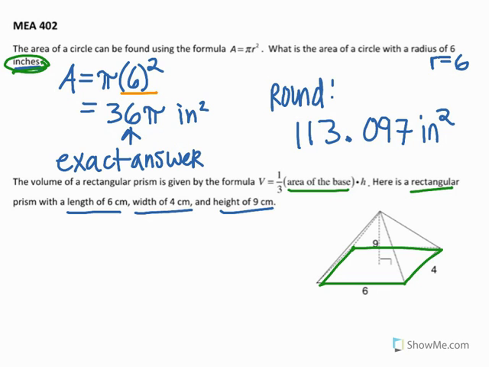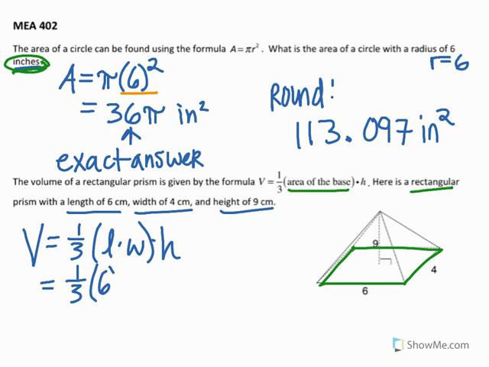So, let's rewrite our volume formula. Volume equals 1/3, well, the base is going to be length times width, the area of the rectangle, times the height. Now let's substitute our values that we know. L is 6, W is 4, and the height H is 9.